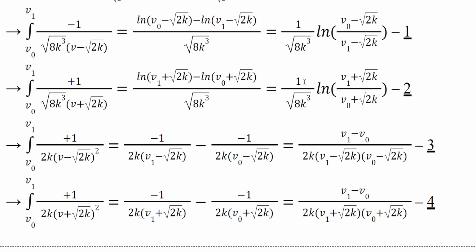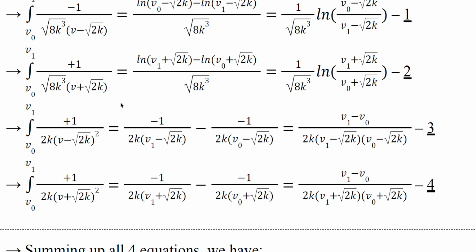And again, since we're subtracting them, we get a numerator and denominator here. We basically get a fraction. That's our second equation. And then when it comes to a square, whenever you have a square of a function in the denominator, then it's just going to be minus of 1 by the function itself.